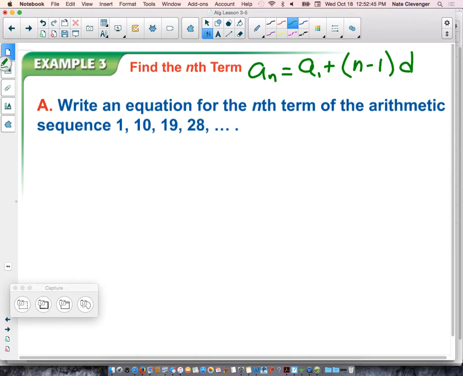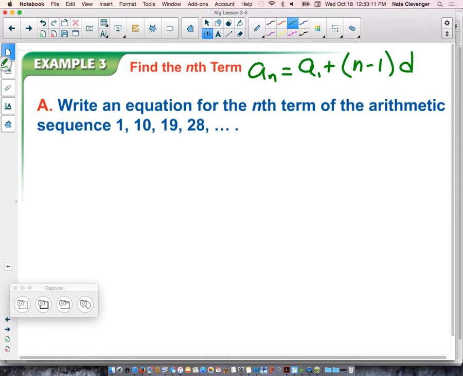A1 is the value of the first term. N is the number of that term. In this problem the value of A1 is 1, and the term number is 1.